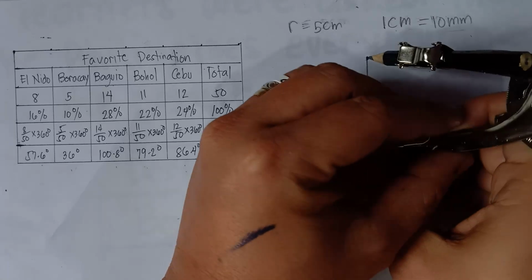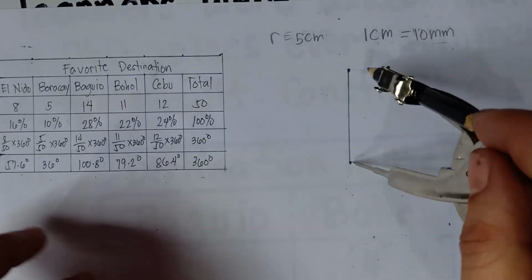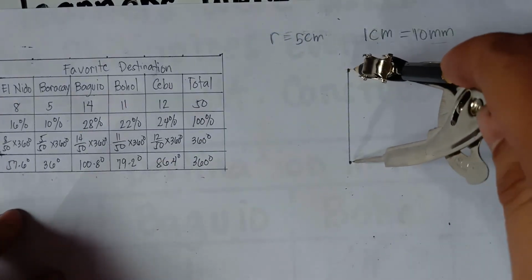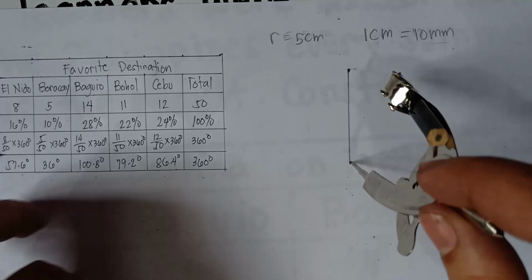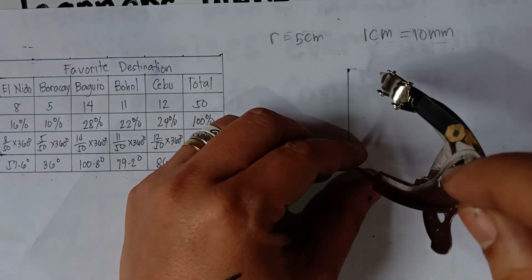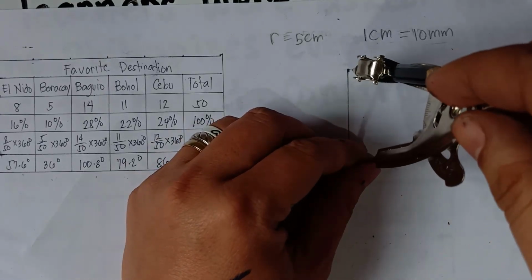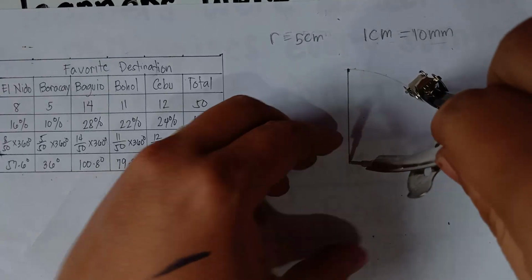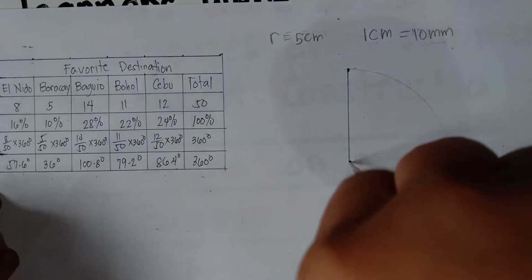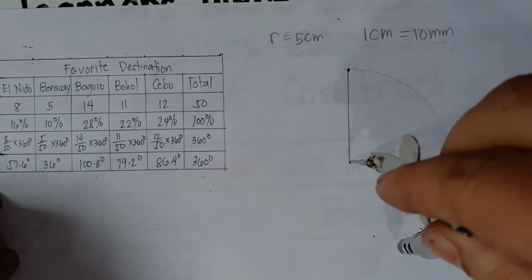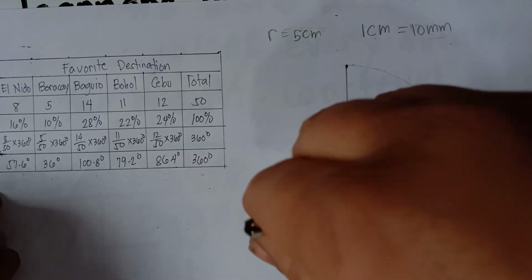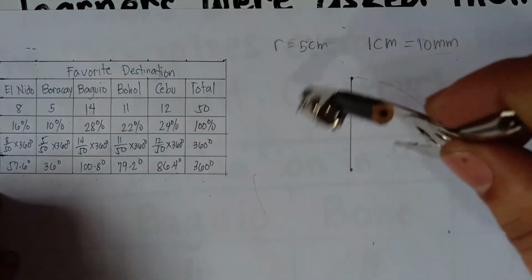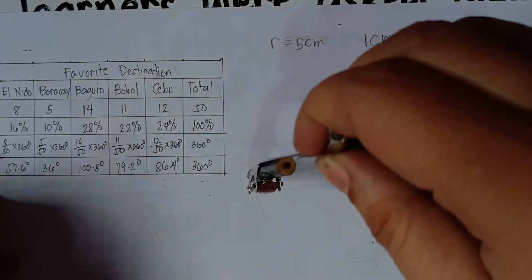So once again, class, you do it step by step. Use your compass, and then you rotate, class. You do it slowly, step by step. Rotate your compass slowly.